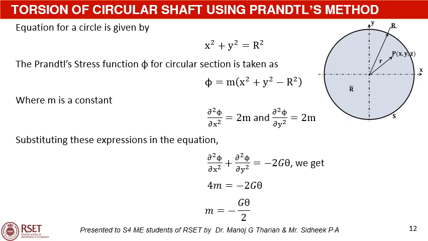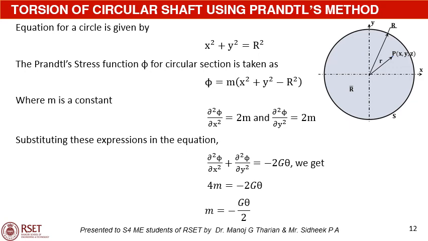P is a point at a distance small r from the center, whose coordinates are x, y, and z. Using the Prandtl's method, we will derive an expression for the shear stress components tau xz and tau yz at point P. Also, we will find an expression for the angle of twist per unit length theta.